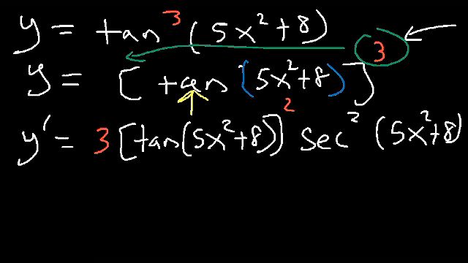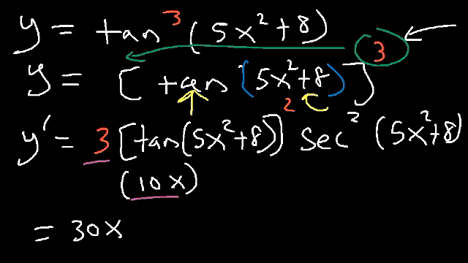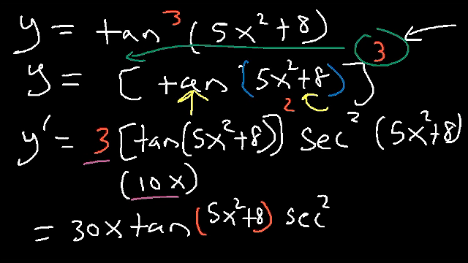Let's work our way further towards the inside. The derivative of 5x squared plus 8 is simply 10x. So we can multiply these two. Our final answer is 30x tangent 5x squared plus 8 times secant squared 5x squared plus 8. So that's the final answer for this problem.